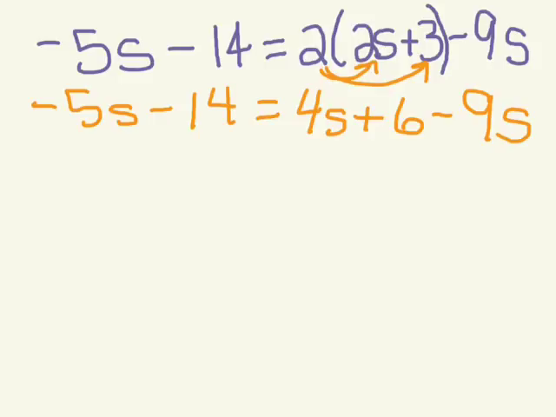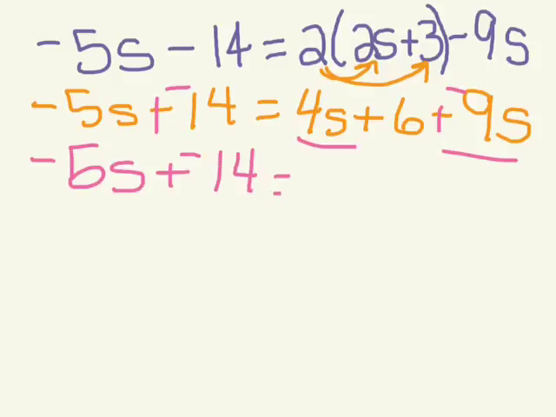It's no secret to anyone that I do not like working in all this subtraction, so I will turn things into add the opposite. I'll combine these like terms over here. So I end up with -5s plus -14 equals 4s, and -9s give me another -5s plus 6.